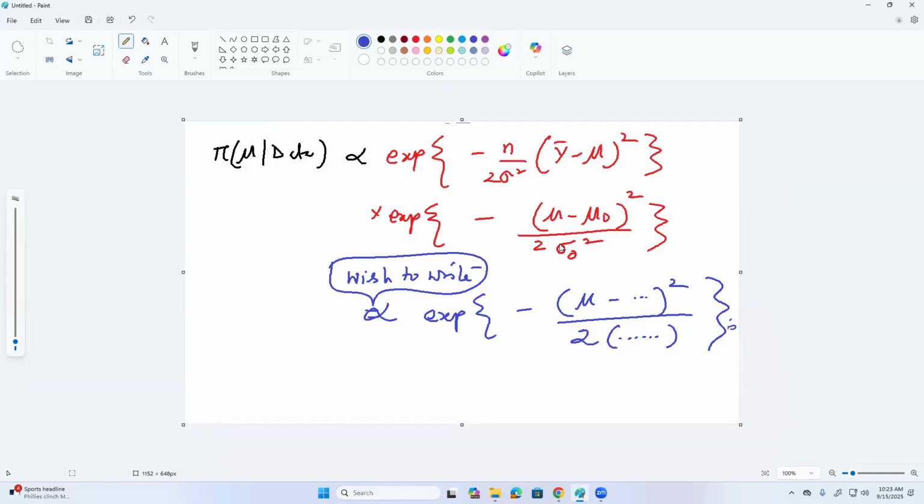And in order to write in that format, I combine the two square terms written in red color and do square completion.